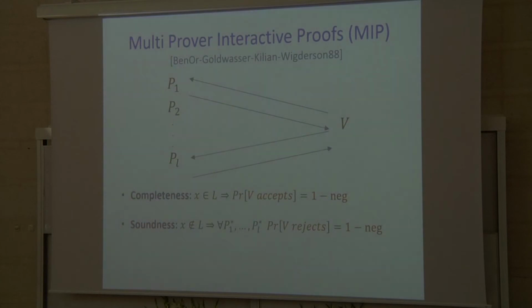Okay, so we have these L provers. They only talk directly to the verifier. And we have the standard completeness and soundness condition, where completeness here is information theoretical. We're not putting a bound on the cheating provers. Okay, just the standard notion of an MIP. And of course, we have this seminal result of Babai, Fortnow, and Lund, which says that this class MIP equals NEXP.